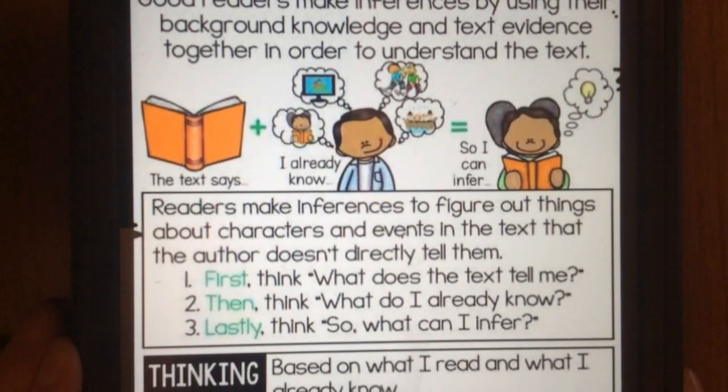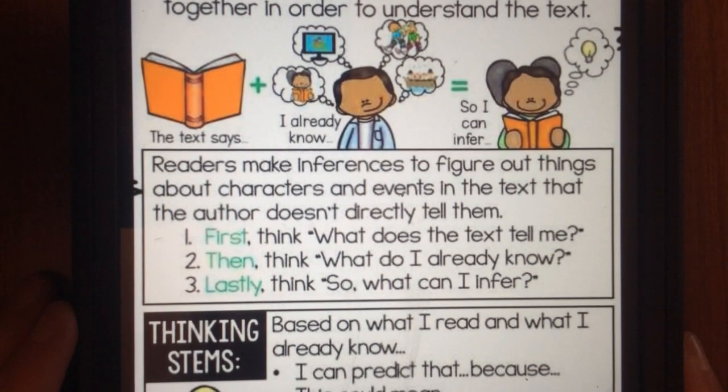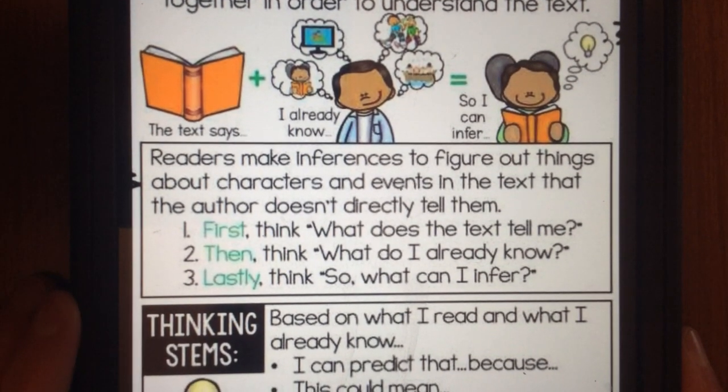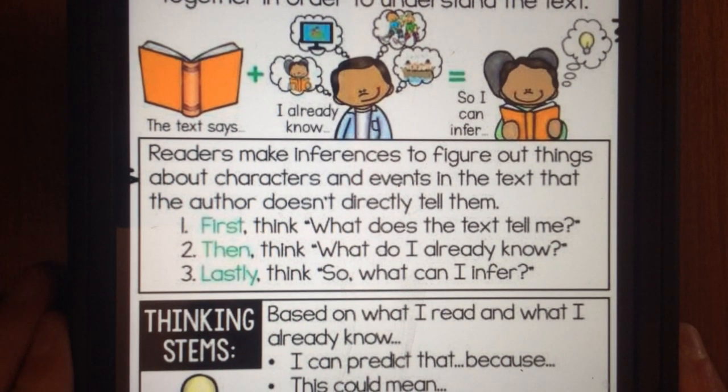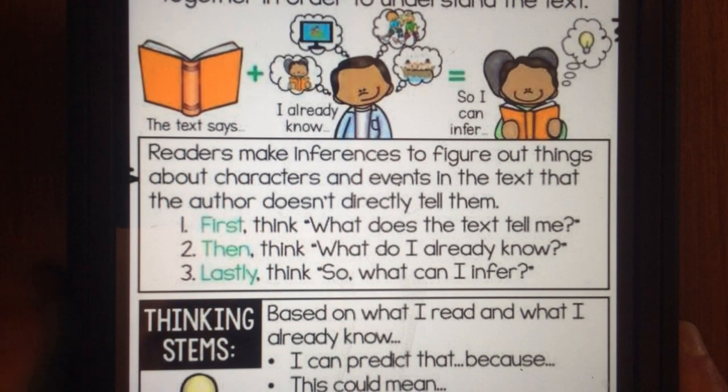Readers make inferences to figure out things about characters and events in the text that the author doesn't directly tell them. Number 1, first, think, what does the text tell me? Number 2, then, think, what do I already know? And number 3, lastly, think, so what can I infer?